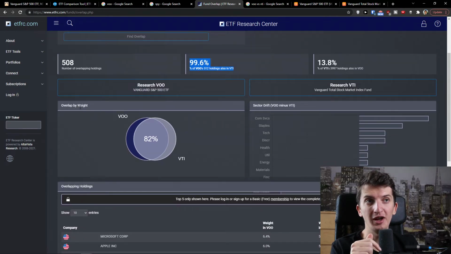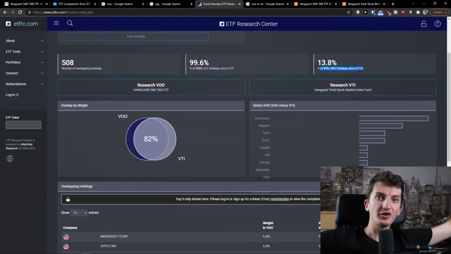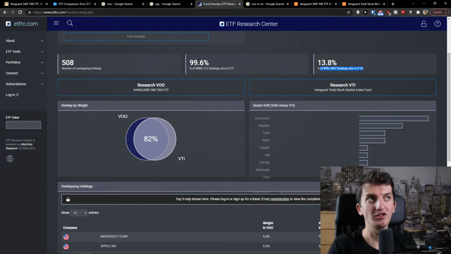But overlap by weight is 82%, and 13% of VTI's 4,000 holdings are also in VOO, because VTI has a huge breadth of diversification in those small and mid-sized cap stocks.